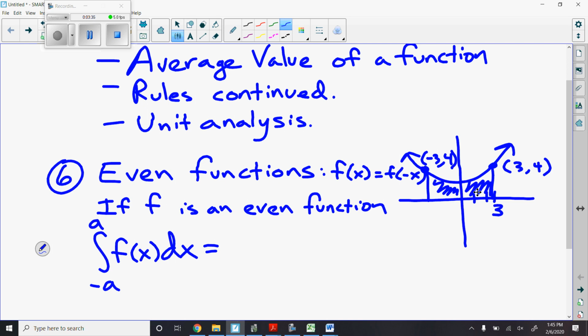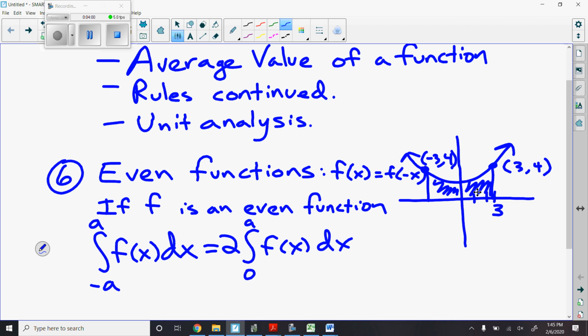They will be as long as that function is symmetrical. So I could change this to the integral from 0 to a of f of x dx and just multiply by 2. Okay? That can save us some time if we recognize something as an even function.